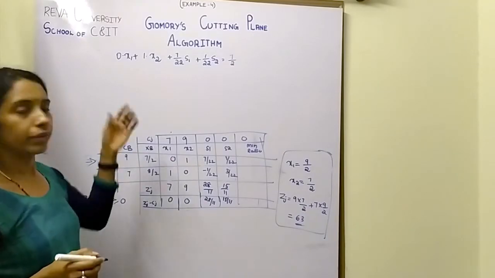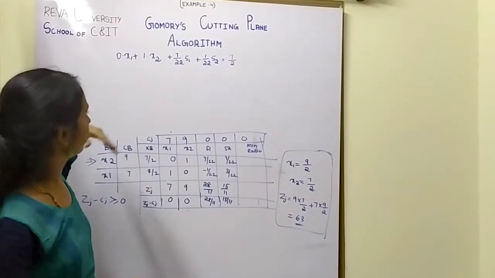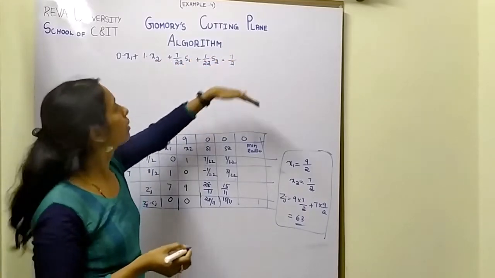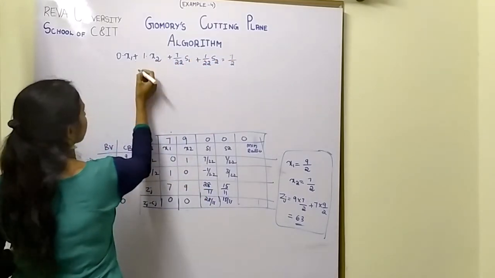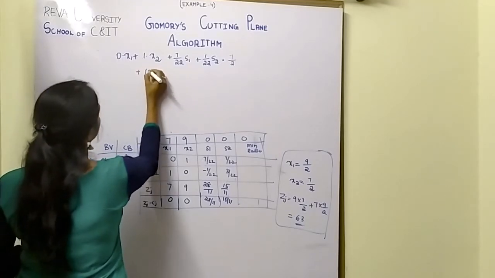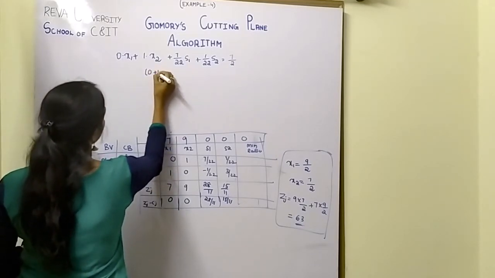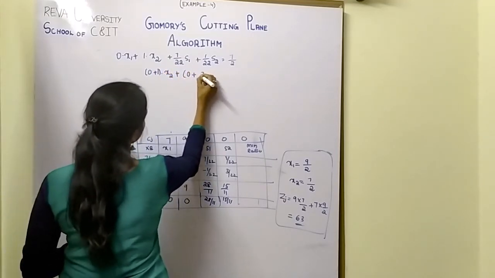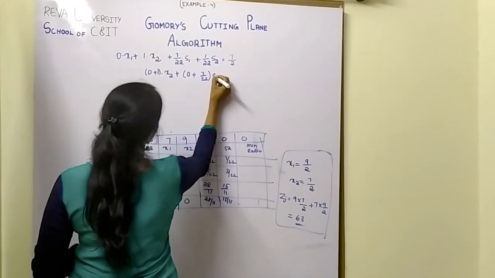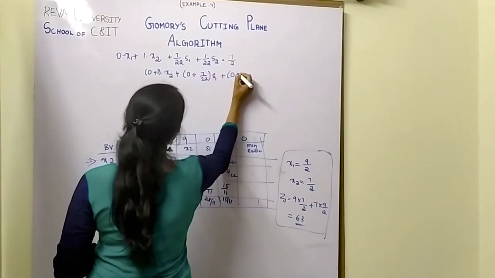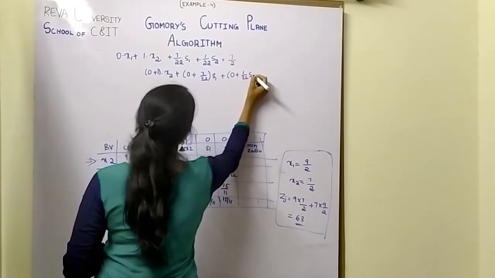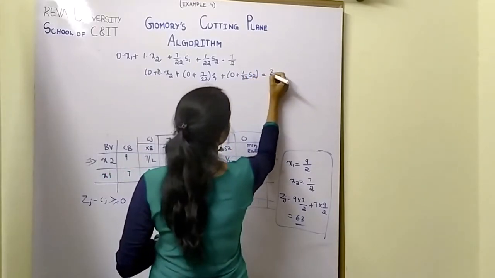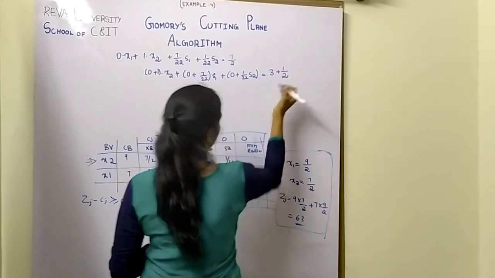Now, how will you reduce this one? Again, you have to represent this as integer plus fraction. So this is 0 plus 1 into x2, 0 plus 7 by 22 s1 plus 0 plus 1 by 22 s2 equal to 3 plus 1 by 2.